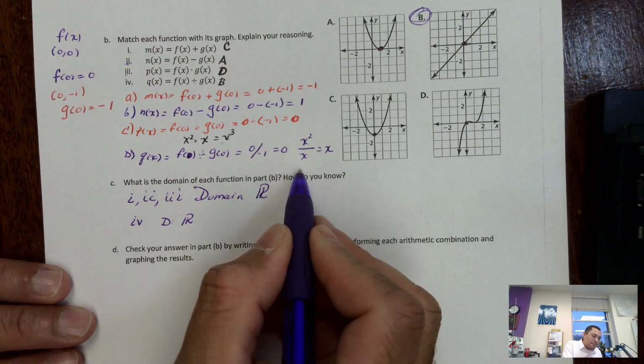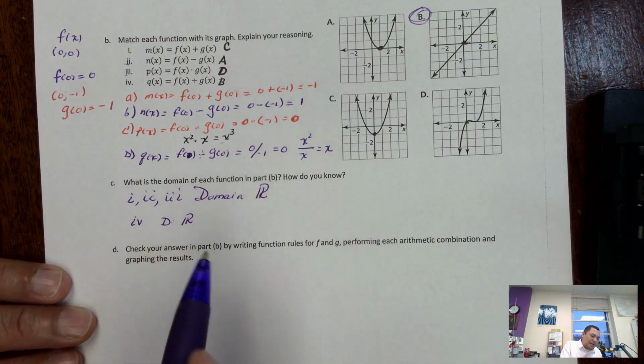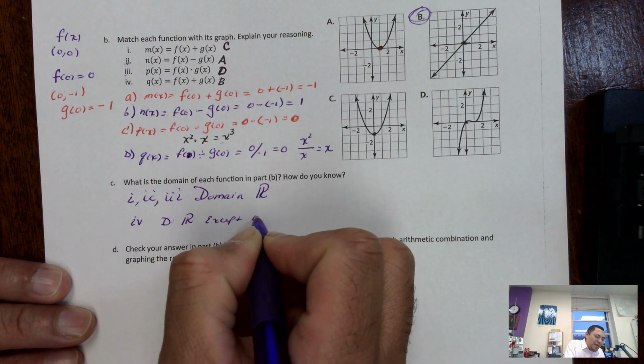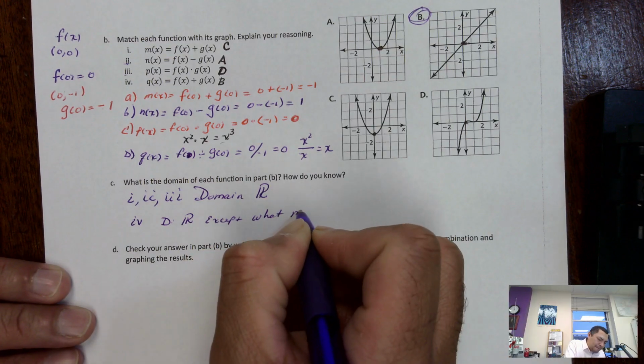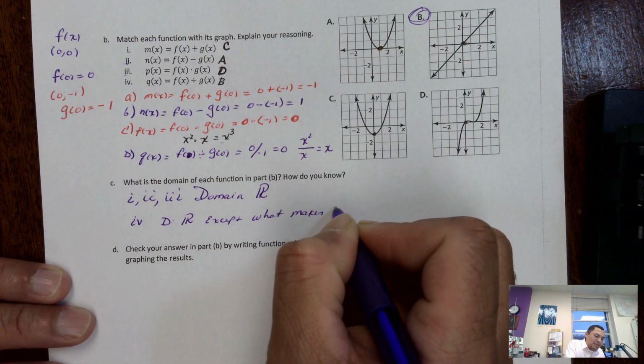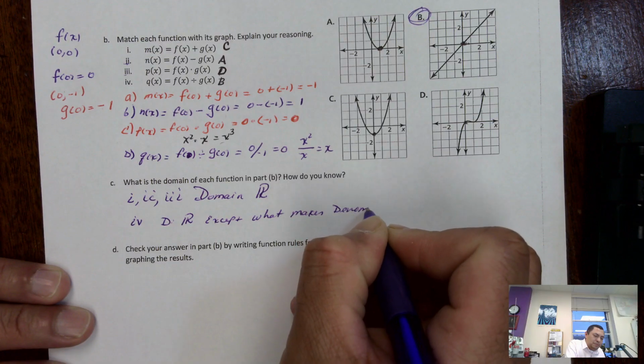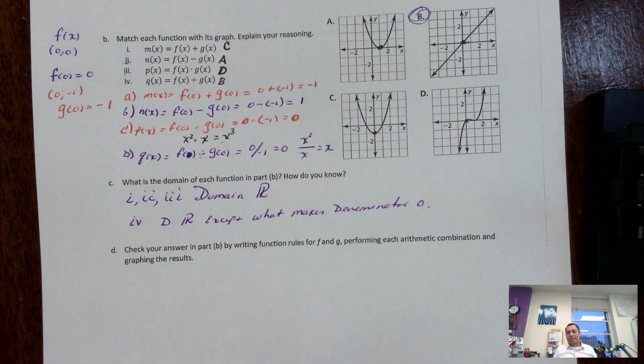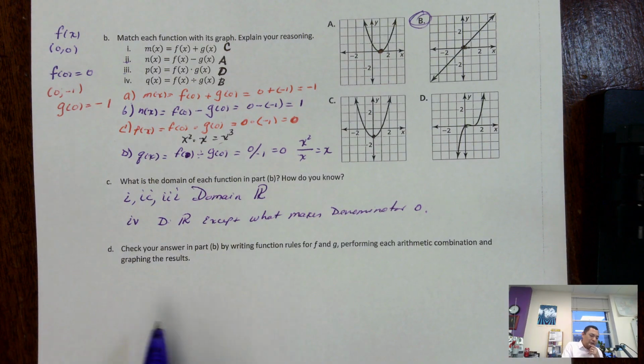Remember, it's a division, and except what makes the denominator 0. Okay, that's your constraint on that function.